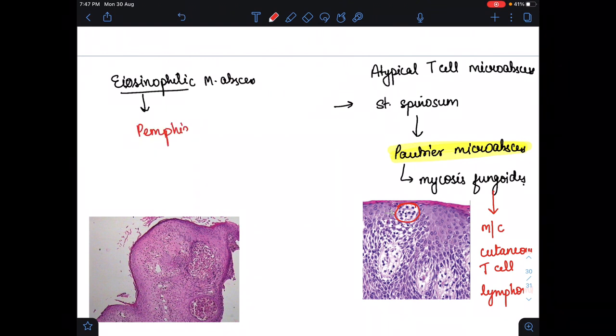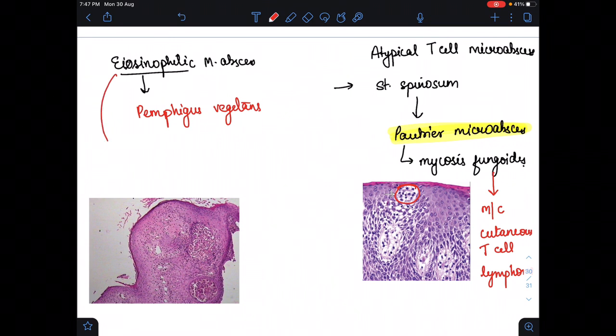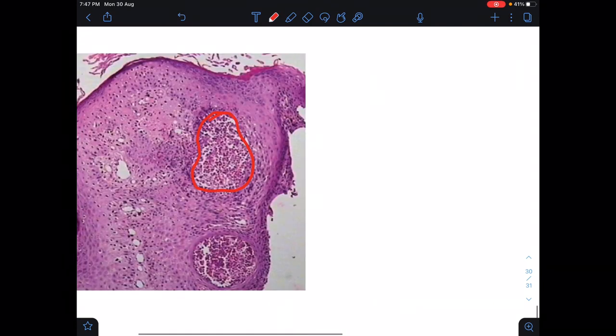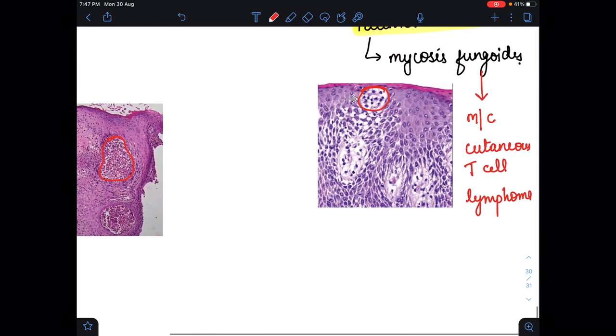Please remember that it is seen in pemphigus vegetans. These look pinkish or red in color. So as we see in this image, all these are eosinophilic microabscesses because they look red in color, meaning the collection of cells is eosinophilic.